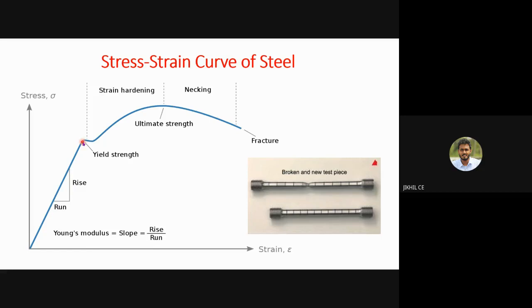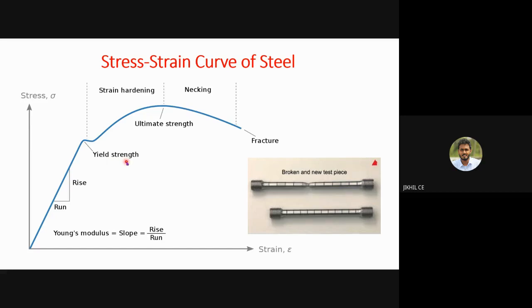So when you stress the rebar or the material within this stress value, when you release the stress, the material will regain its original shape and dimension. If you are applying the stress beyond the yield strength, this is a very important value for the steel, yield strength. So once again, it is the strength value or the stress value.